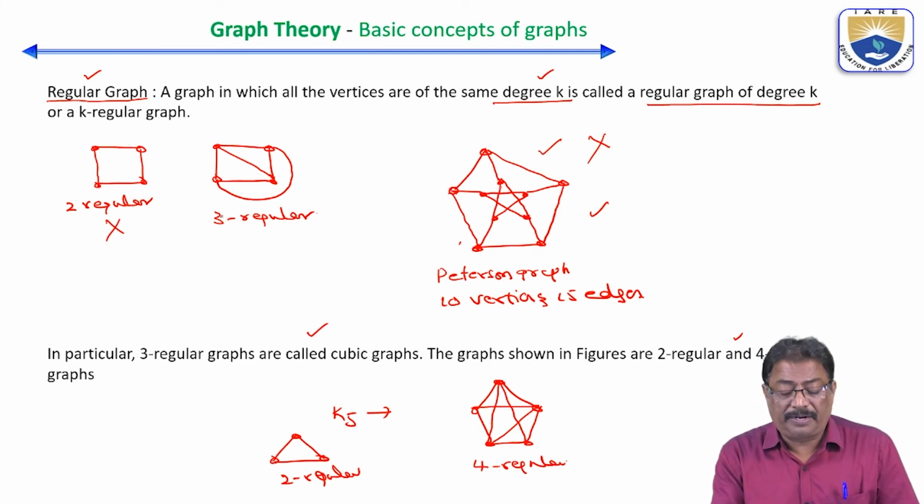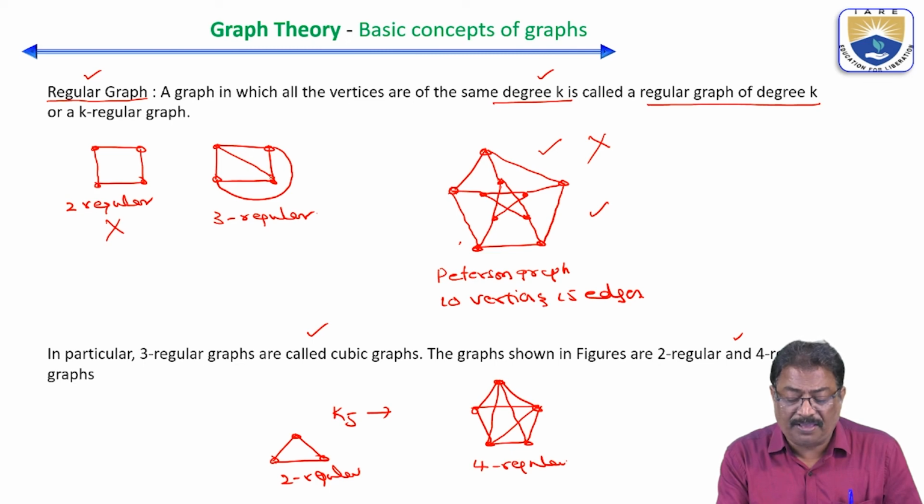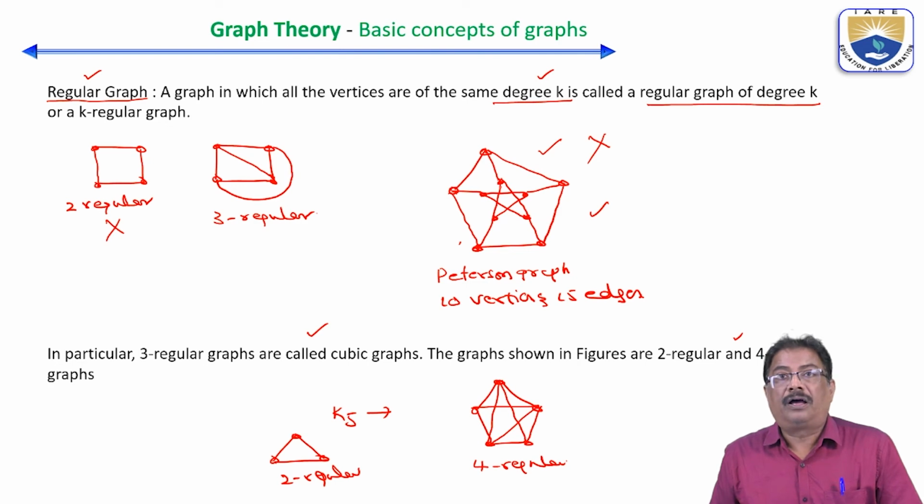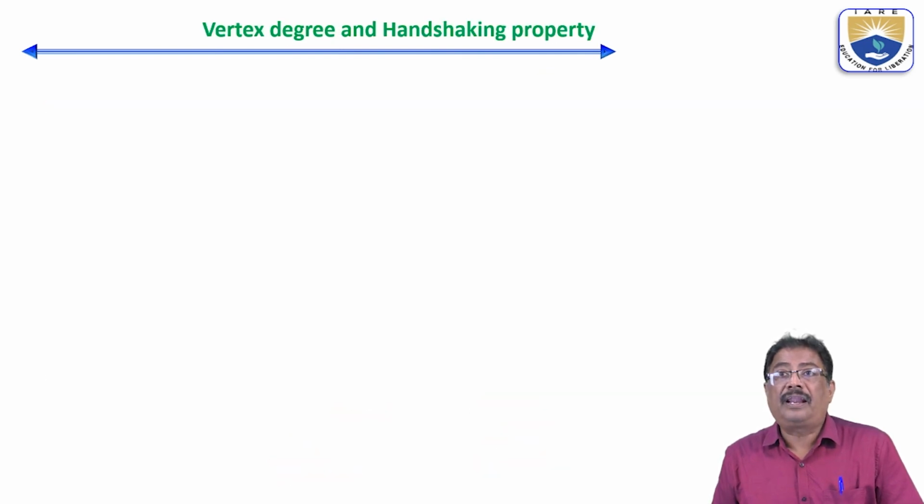Here there are edges, and here also there are edges. So that is the difference between a regular graph and a complete graph.